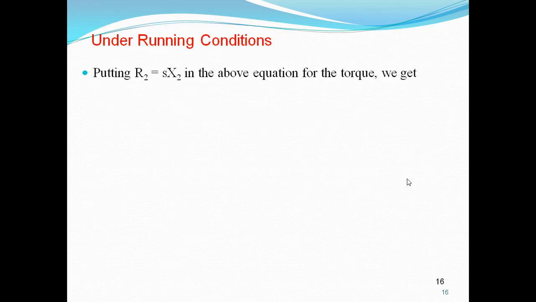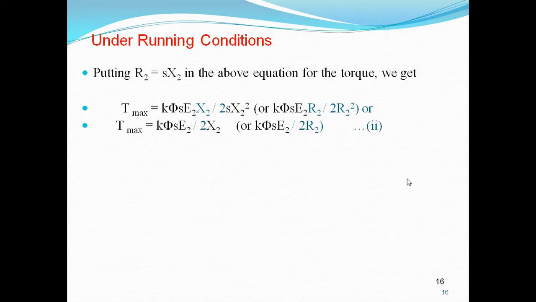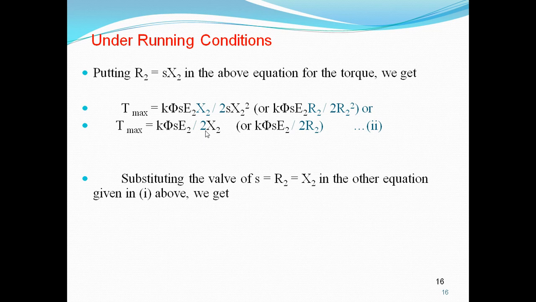So in running condition, put in this torque equation the substitution R2 is equal to SX2. Then you can get the maximum torque. If you substitute this value, we will get the maximum torque equal to K phi S E2 by 2X2. This is the maximum torque value.